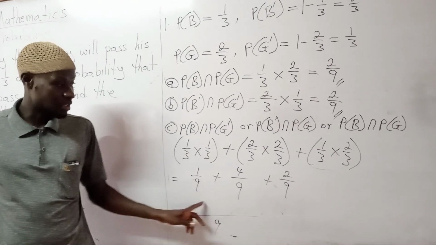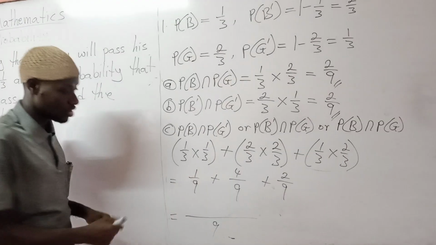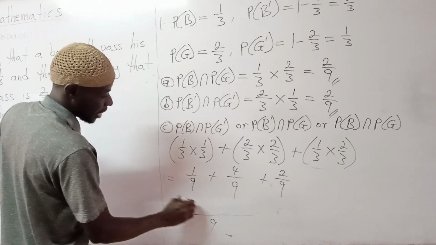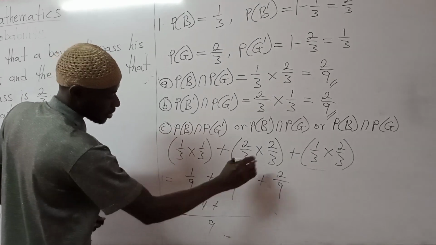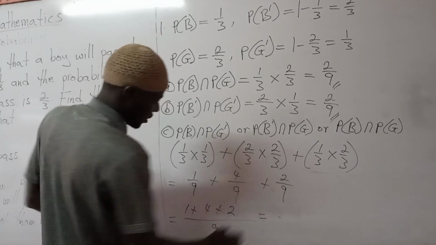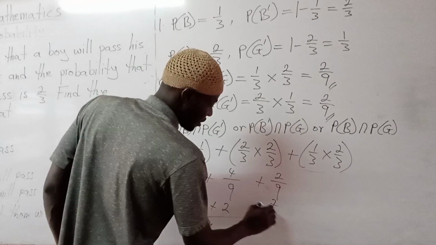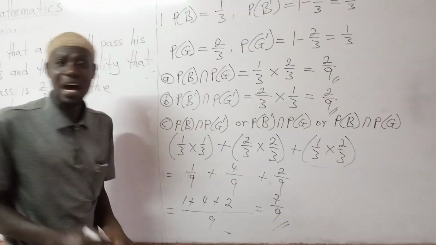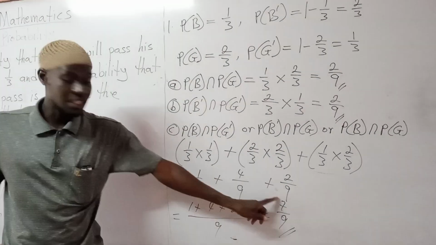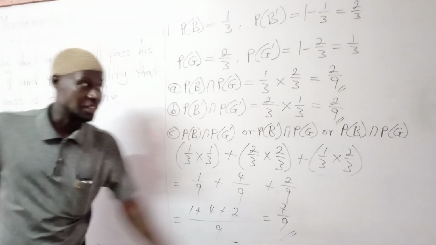We have a common LCM, 9, so we just add the numerators: 1 plus 4, 5, plus 2, 7. So we have 7 divided by 9. So the probability that at least one of them will pass is 7 divided by 9.